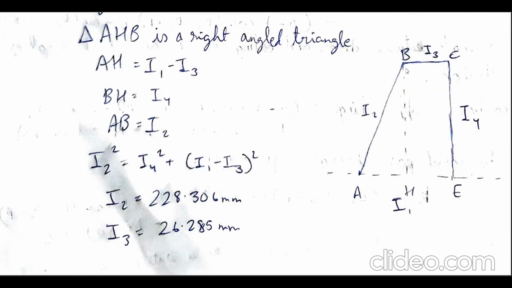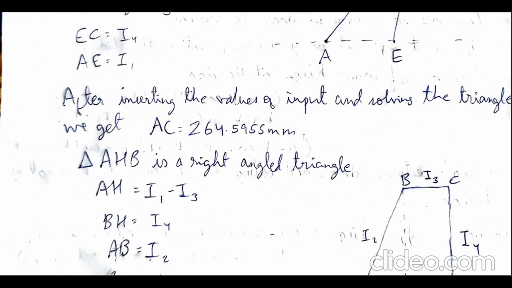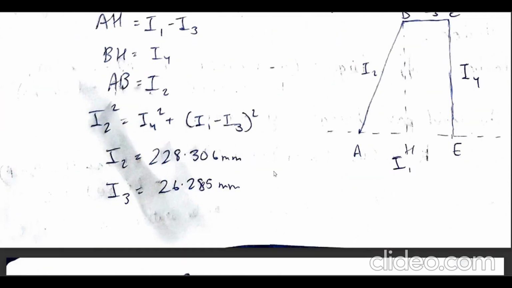So from this right angle triangle, using the Pythagoras theorem, we get this relationship. And using this relationship and the result we got earlier, we can get the values of L2 and L3, which come out to be 228.306 millimeter for L2 and 226.285 millimeter for L3.